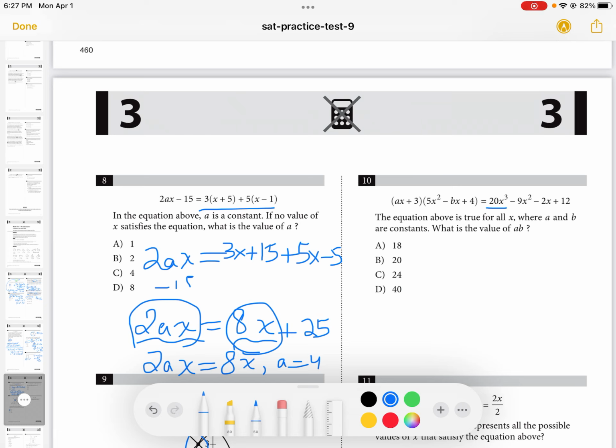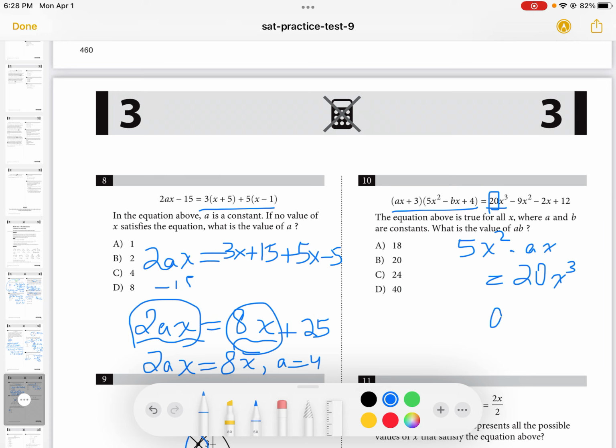We need the value of the coefficient of the x cubed term to be 20 on this side, and we know that the only way to get an x cubed term on this side is to multiply ax by 5x squared. So 5x squared times ax has to equal 20x cubed, right?